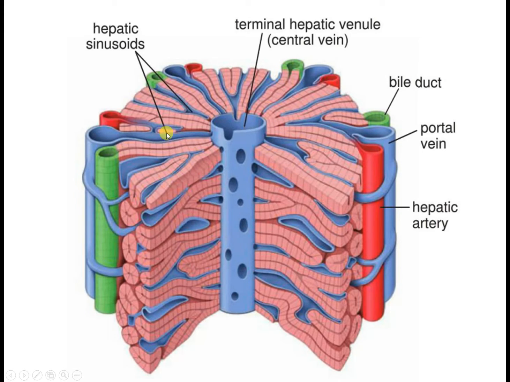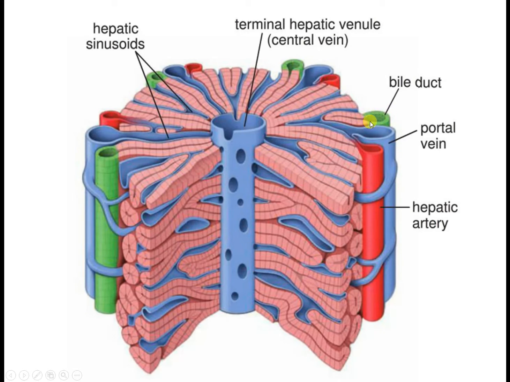Here it's not straight, but it's coming in this direction from the portal vein and hepatic artery, slowly coming to the central vein, which allows these hepatocytes to perform their function with the blood present in the sinusoids.